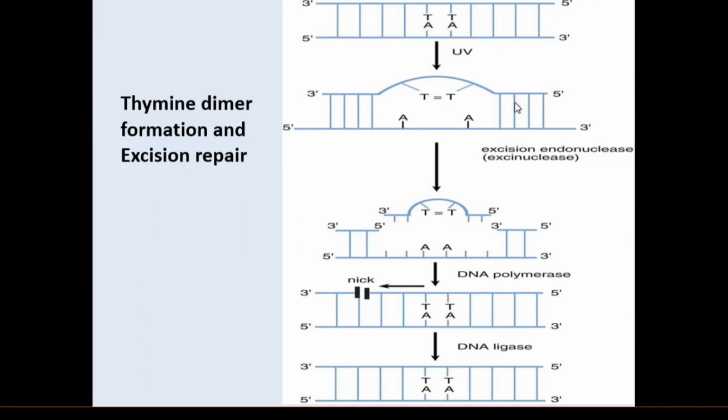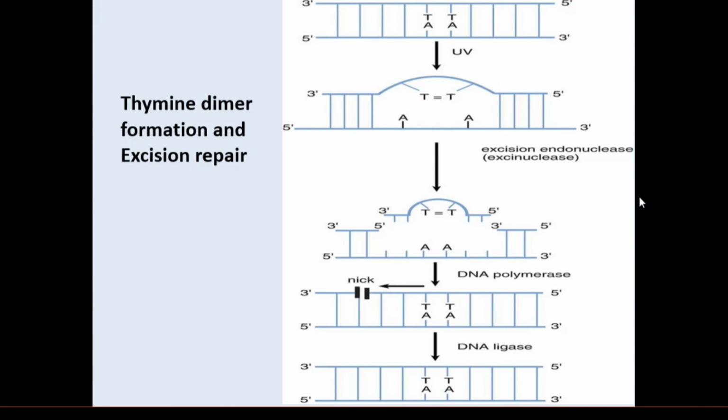and the steps are: first of all, an excision endonuclease makes nicks in the phosphodiester backbone of the damaged strand on both sides of the thymine dimer and removes the defective oligonucleotide.